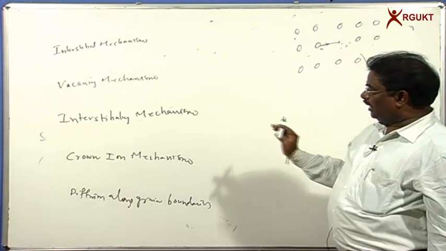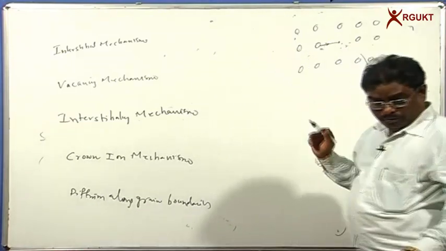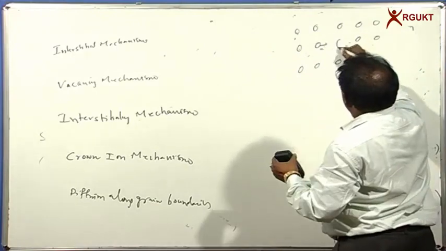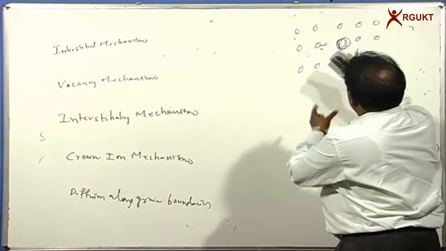In the case of the interstitialcy mechanism, one interstitial site is occupied by a bigger molecule.